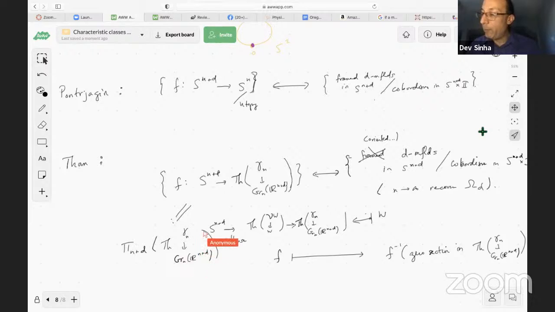And again, we might want to take the direct limit over n, and then Thom's theorem is that in this case, without any orientations or whatever, what you get is omega D.